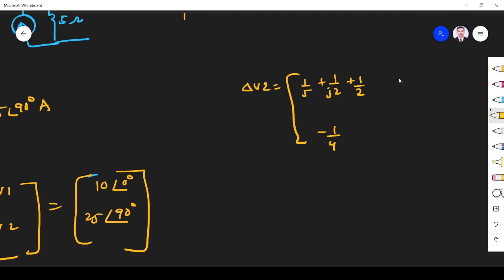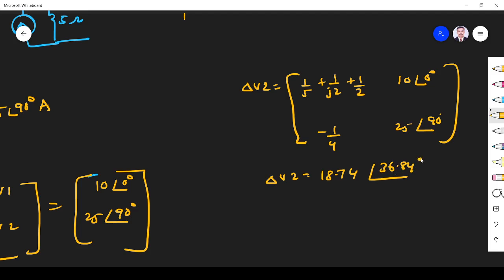The second column is replaced by 10∠0 and 25∠90. If you simplify, del V2 is equal to 18.74∠36.84 degree. I want V2. V2 is del V2 by del. So del V2 we know, del we know.